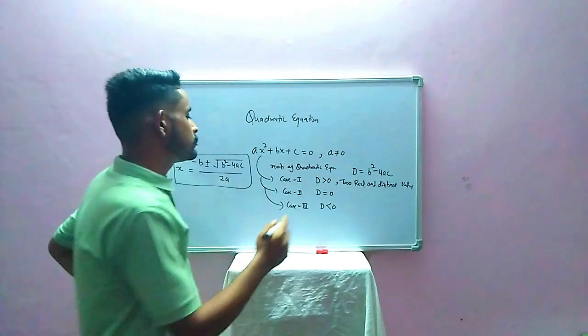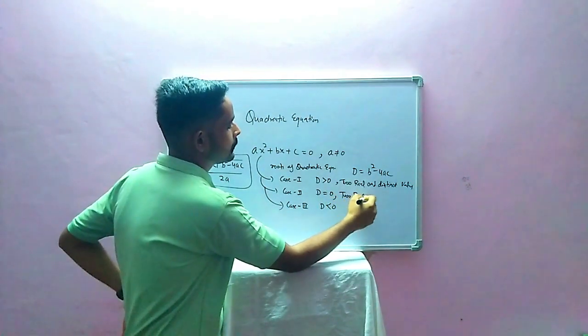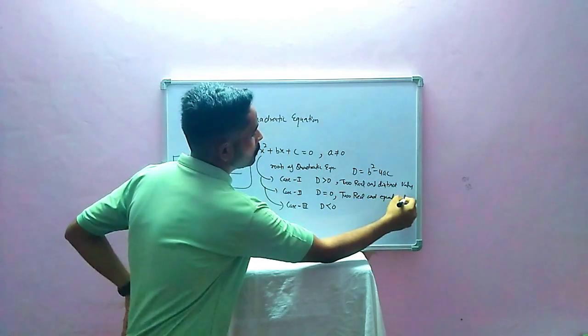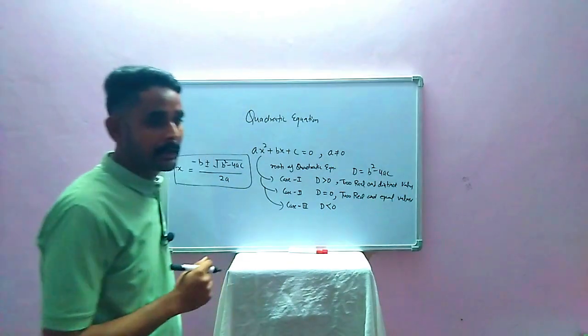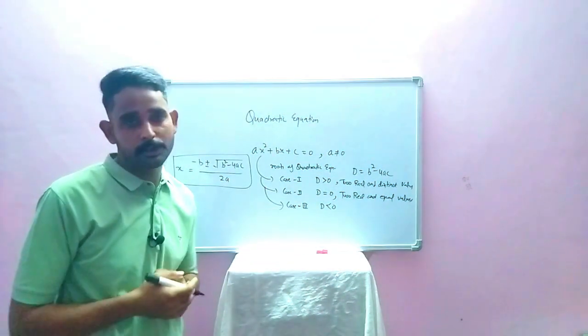When d is equal to 0, then two real and equal values come. But the third case is the most important case, when d is less than 0.